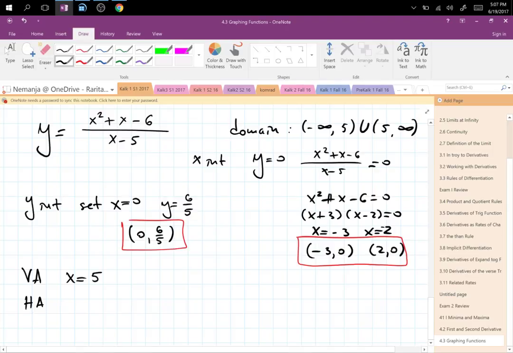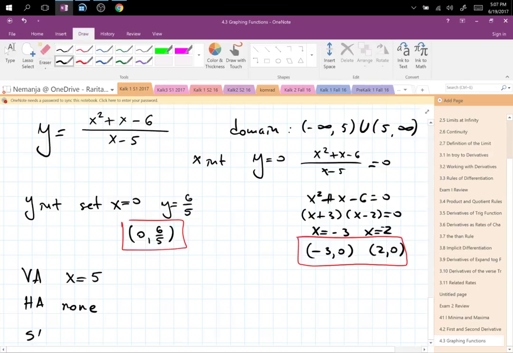No. Slant? Oh yeah. Why is it oh yeah? It is, but by 1, exactly. So the degree in the numerator is by 1 higher than the degree in the denominator, therefore we do have a slant asymptote.